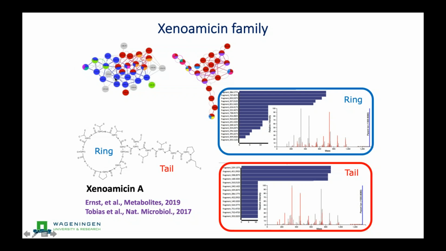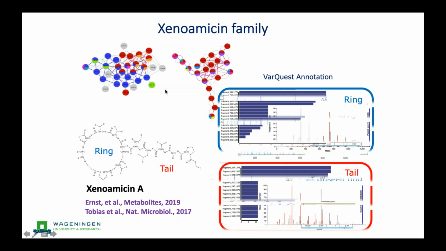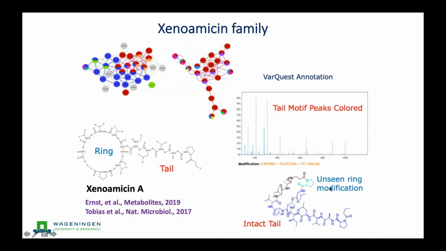The blue motif here is the ring, and the red motif here corresponds to the tail. And why is this so nice? Well, you can see how some nodes here only contain the tail motif, and others only seem to contain the ring motif. So that already leads us to some hypothesis on where the modifications of the peptide in this family did occur. And indeed, we can see over here that MS2LDA can help you to speed up your data analysis.